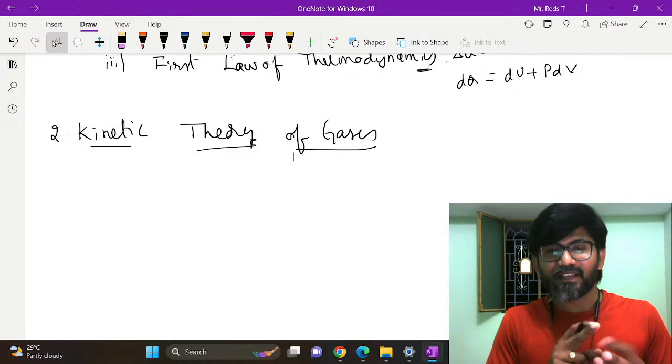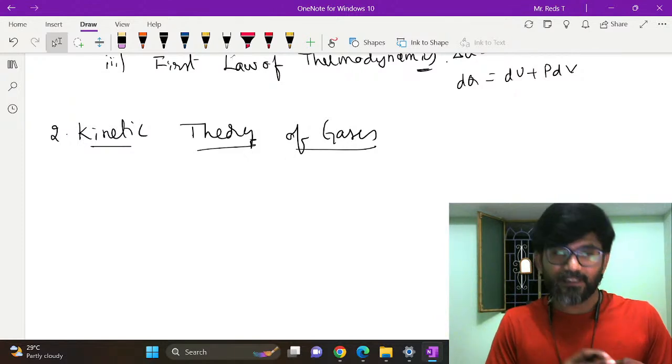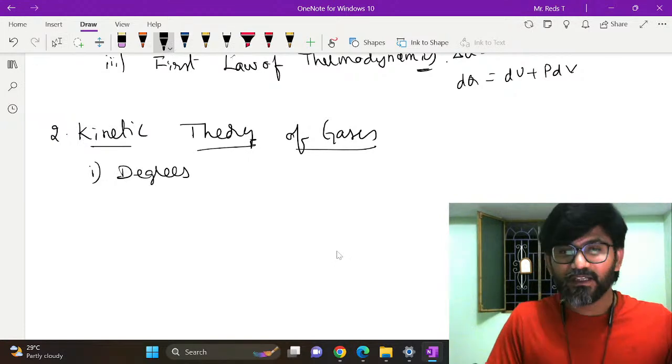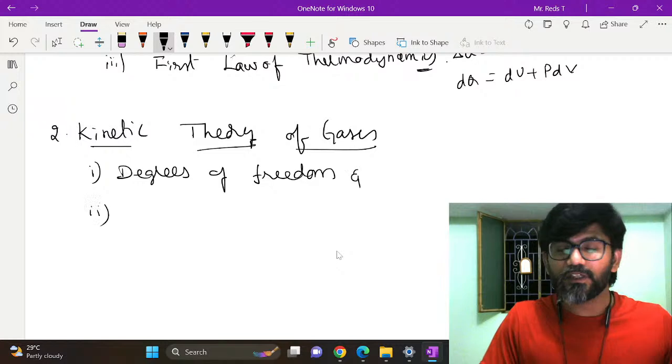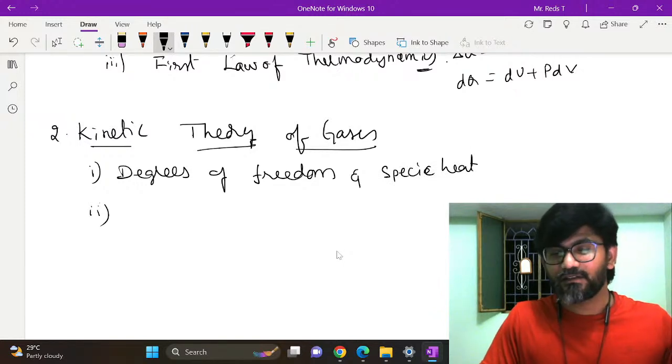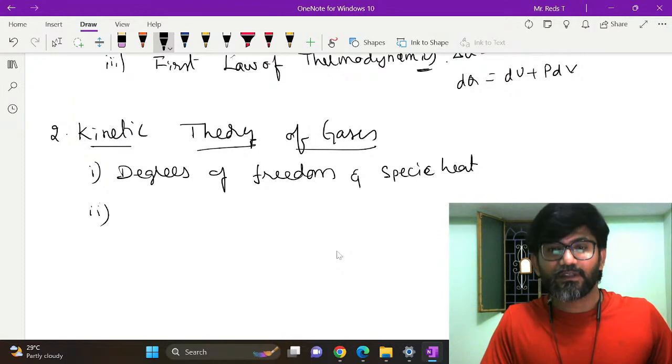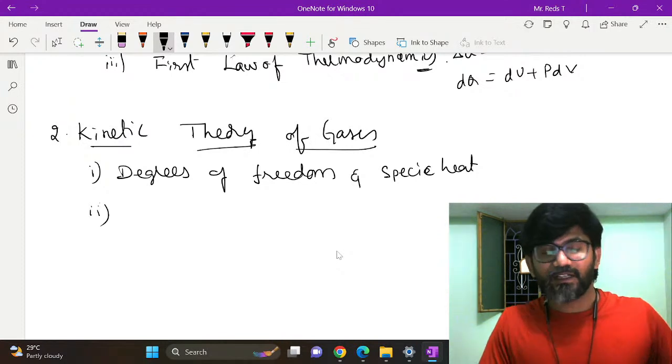Gases: monoatomic gas, diatomic gas and triatomic gases. So the concept of degrees of freedom, and calculation of specific heat of different kinds of gases, for monoatomic, diatomic and triatomic gases.